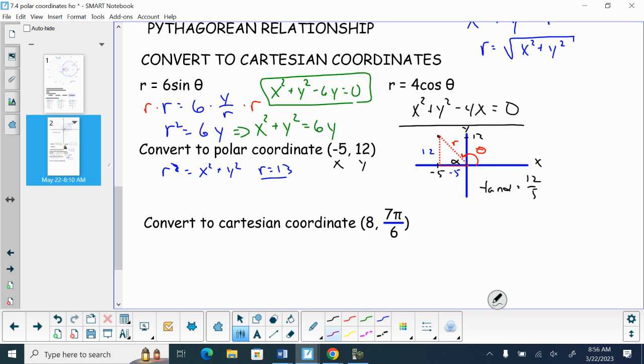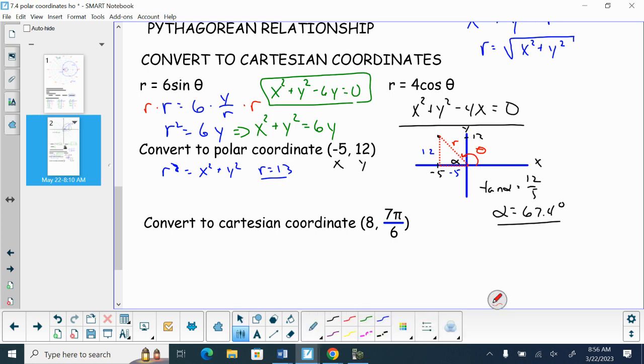That will get you alpha, and then you can use your noggin to come up with theta. Janae, first off, what do you get alpha to be? 67.4. Okay, so this angle here is 67.4 degrees.